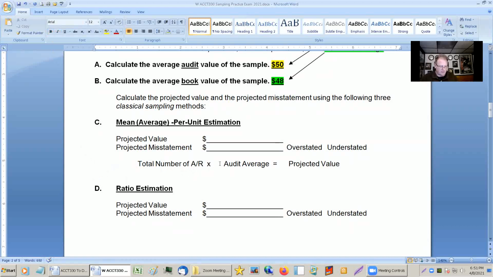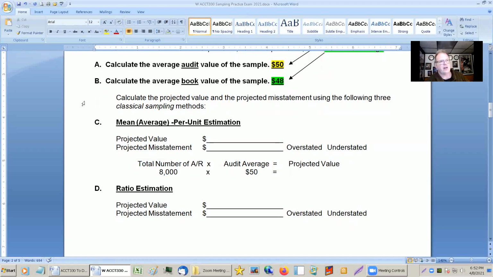All right, so we'll take 8,000 equals our projected value.